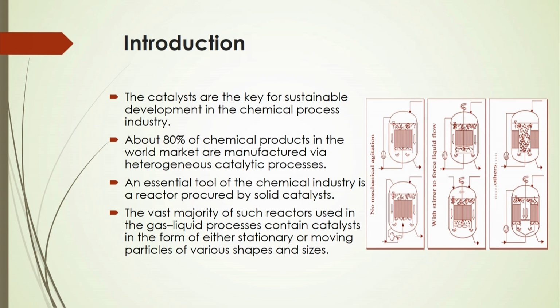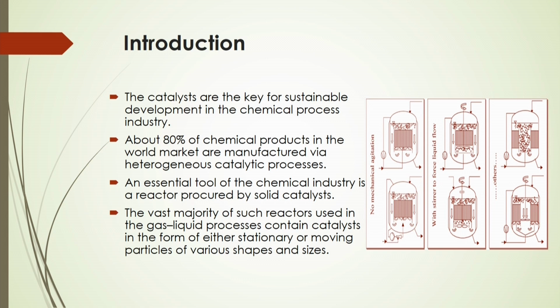In this case, we see that catalysts are the key for sustainable development in the chemical process industry. That is why, whenever you are going to use a catalyst for chemical engineering process intensification for sustainable development, we think about how this catalyst can be used there.